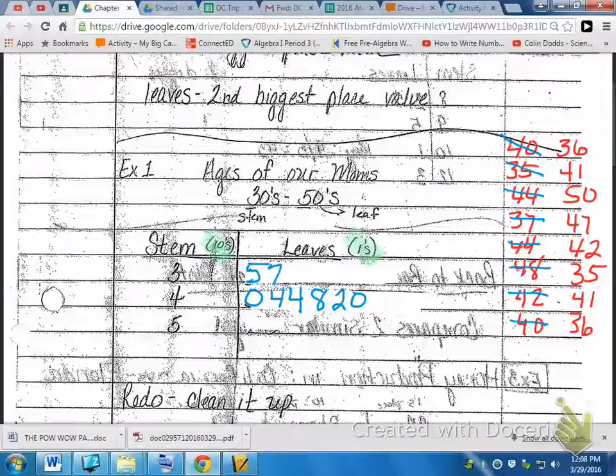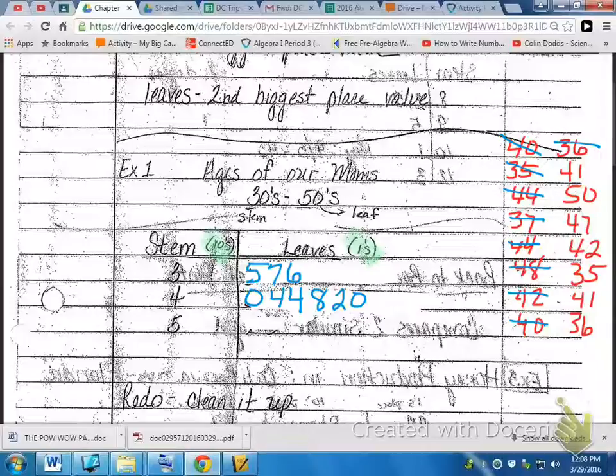Okay, who wants to tell me where the 36 goes? James. Stem 3, so right by that 7, leaf 6. What about 41? Where does it go? Tristan?